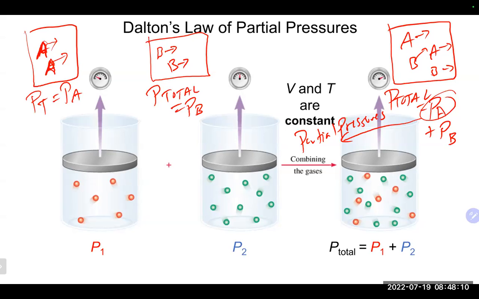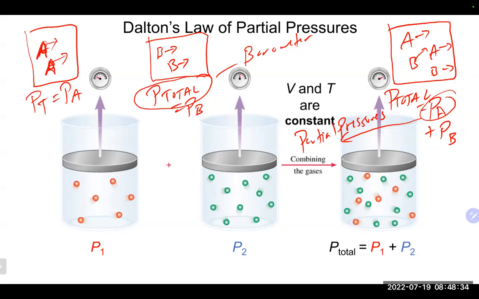By the way, in a laboratory situation, your total pressure is your barometer reading. In a book problem, a lot of times they will give you the total pressure, but in the lab, it would be the barometer reading. So a partial pressure is basically the contribution of that gas to the total pressure of that mixture.